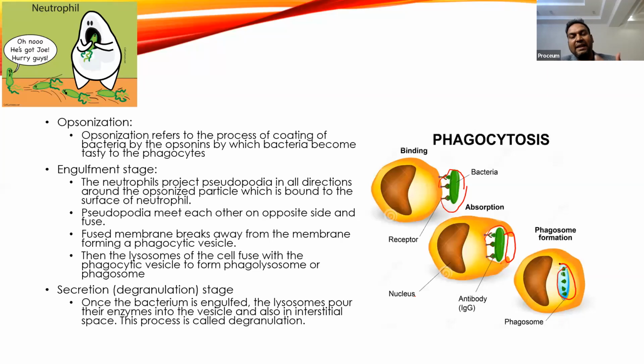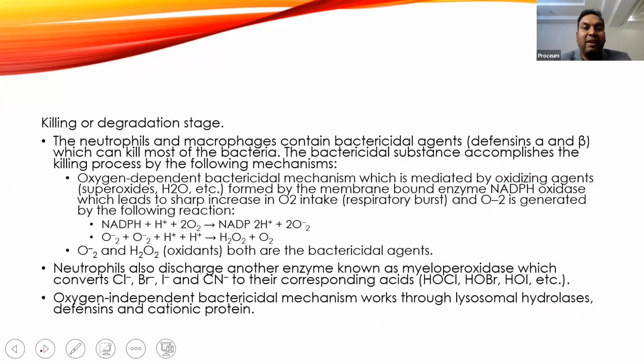Now this will activate the granules, and the granules will release their chemicals into the phagosome, and the number of granules in the cell will decrease. This mechanism is called degranulation or stage of secretion, and all these chemicals released by the granules will directly diffuse into the phagosome and try to kill the bacteria. That will be the last step of killing the bacteria, or degradation stage.